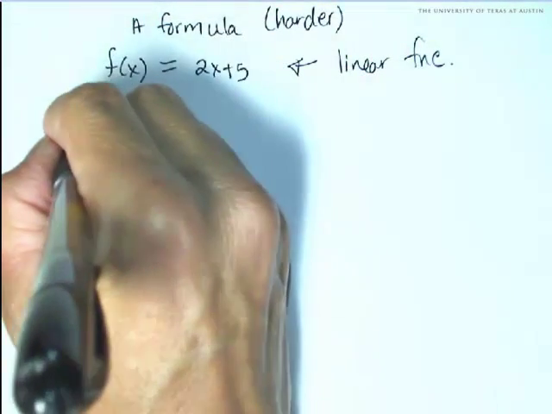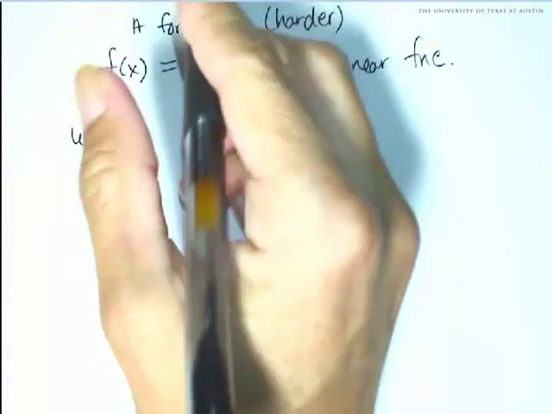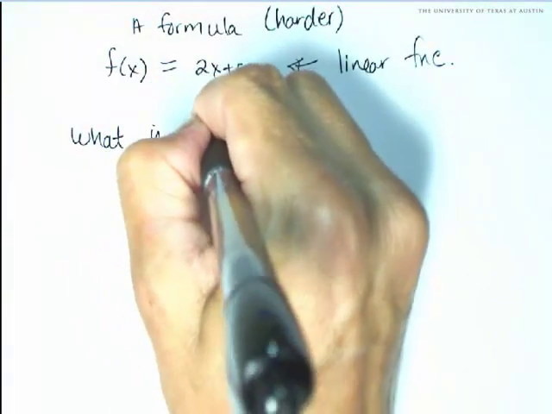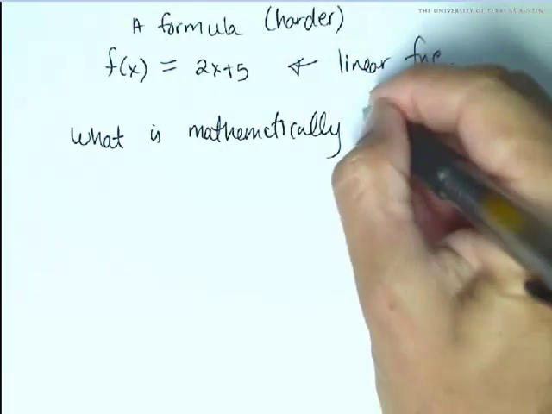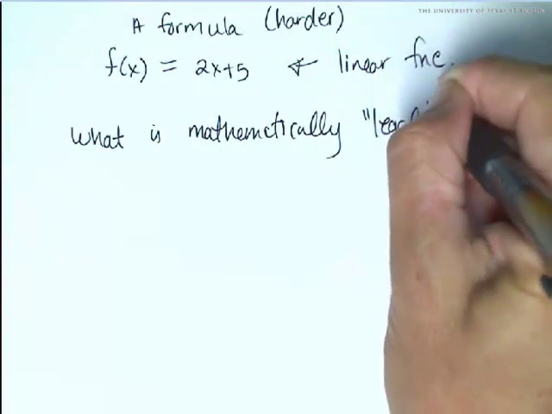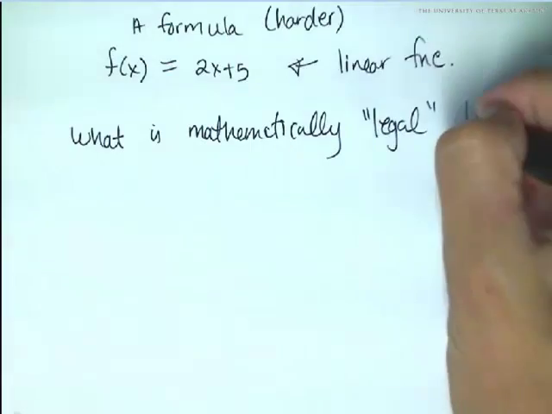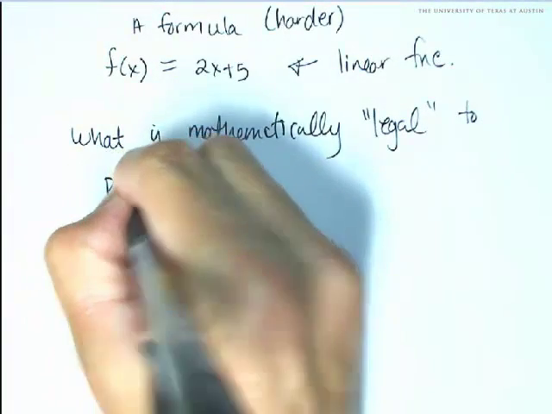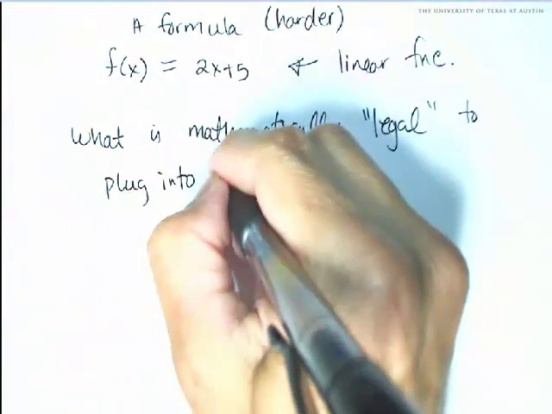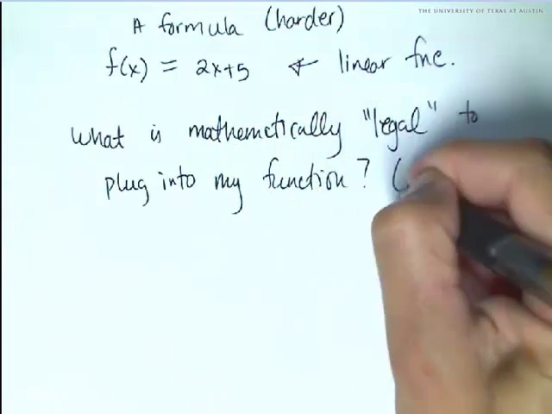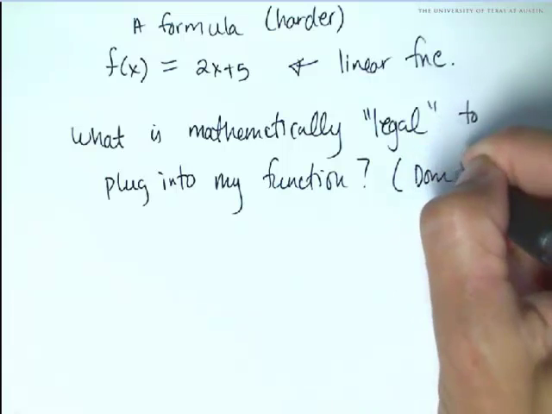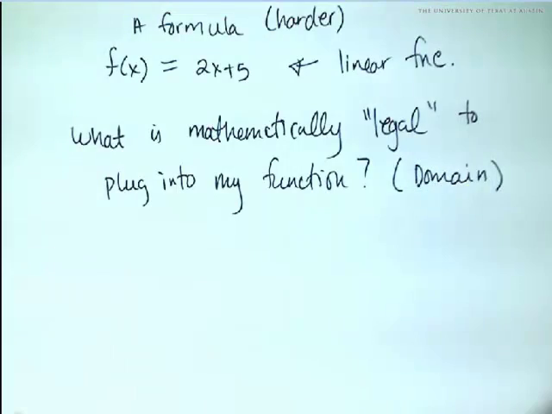So to answer the domain and range question, if it's in this form, the question is: what is mathematically legal to plug into my function? And that answers the domain question. Okay, what can I plug in and I won't violate any mathematical rules?